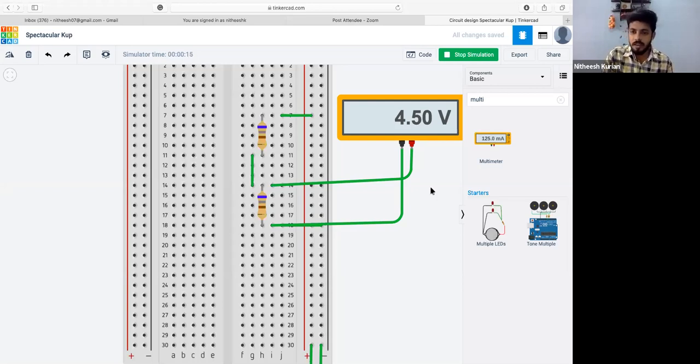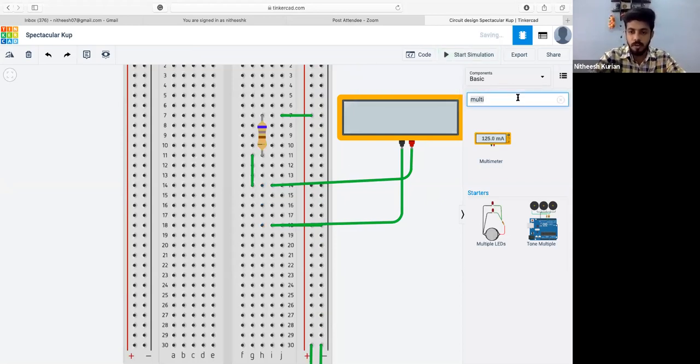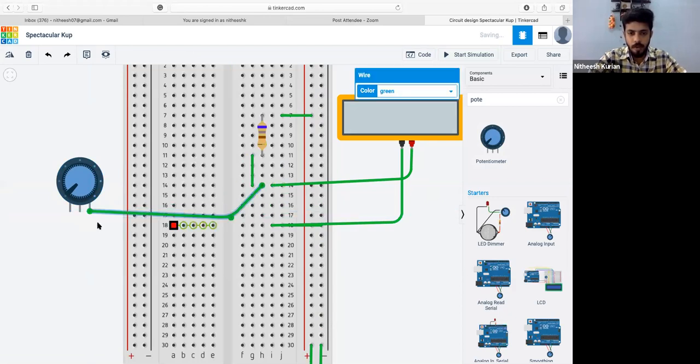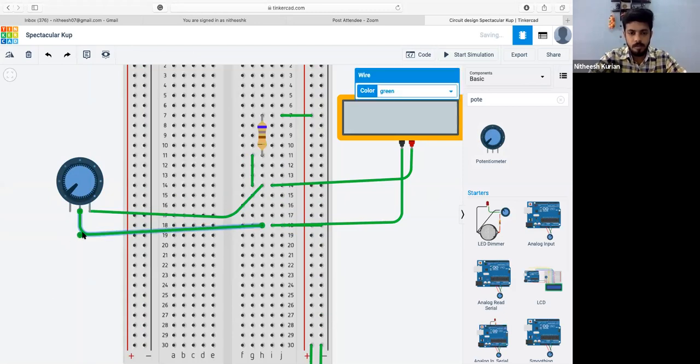Listen very carefully. If you change this resistance with a potentiometer, I'll change this resistance with a potentiometer. I'll connect this terminal to this point and the wiper terminal to this point. This is 250 kilo ohm.